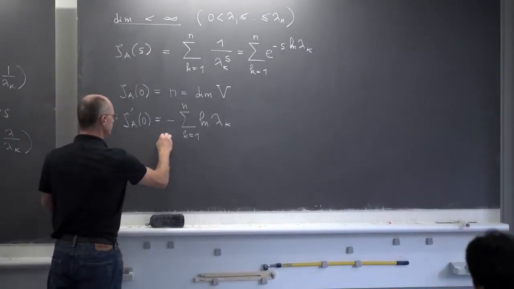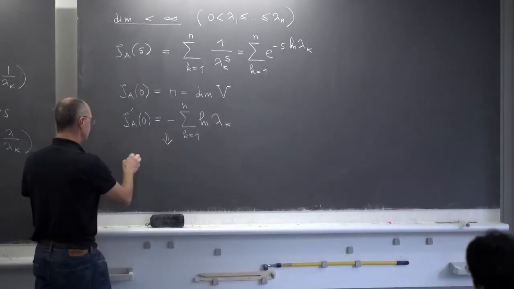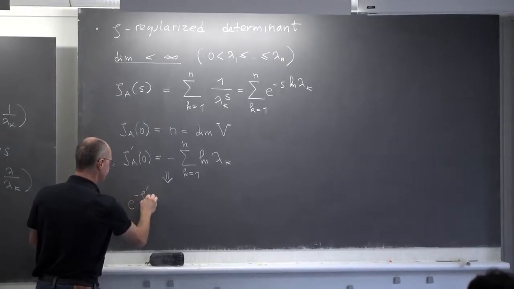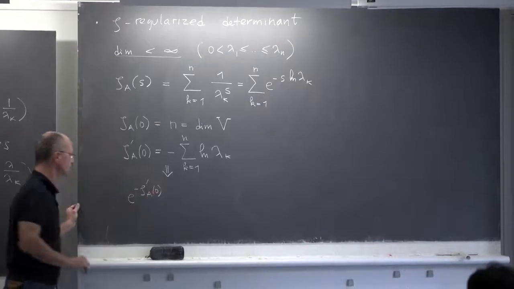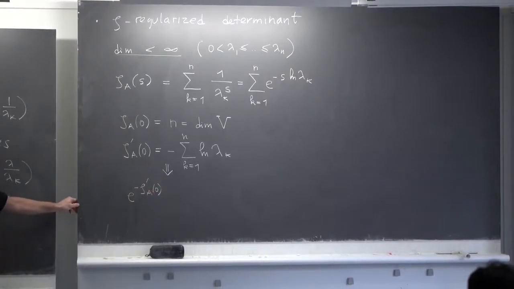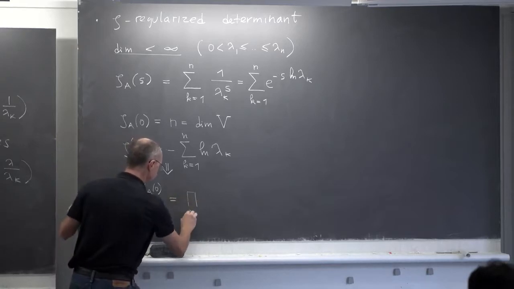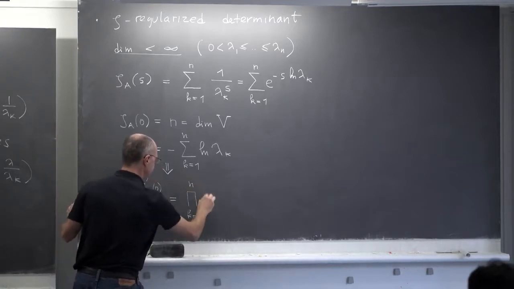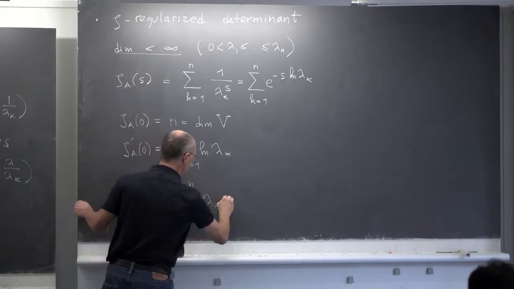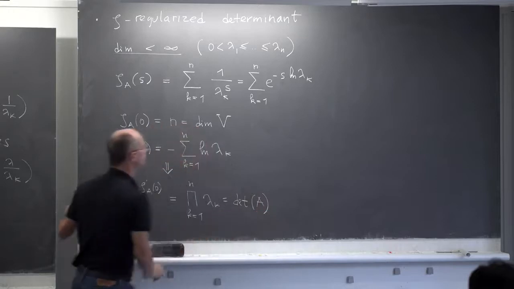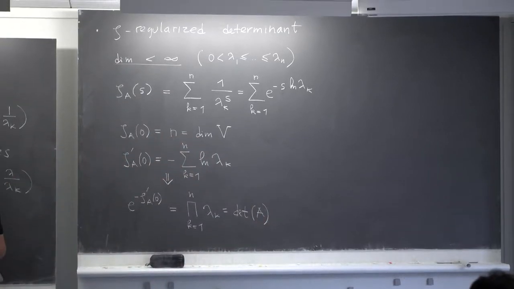And this formula implies that if I take the exponential of minus the derivative of zeta at 0, this will be the product of lambda k's, and this will be the determinant of A.